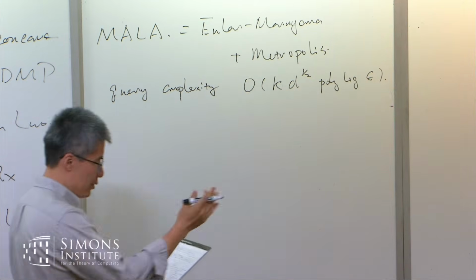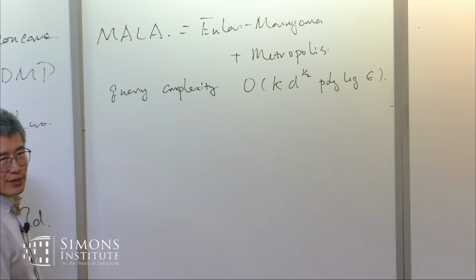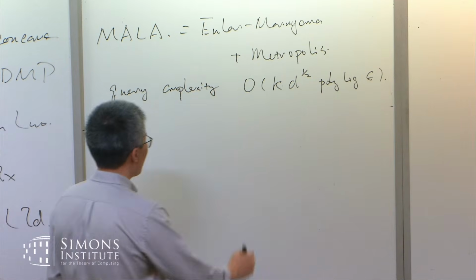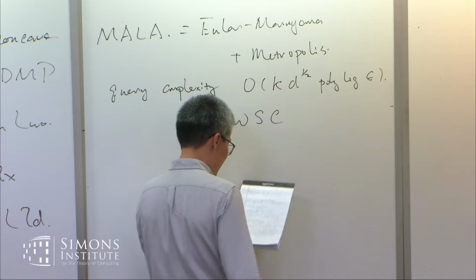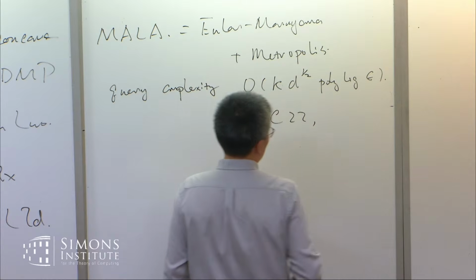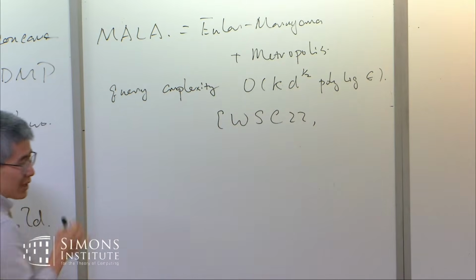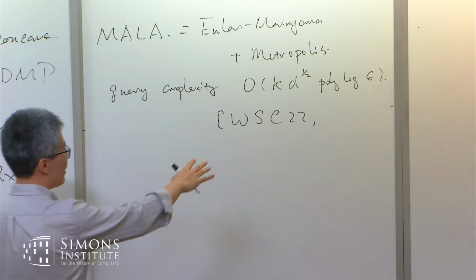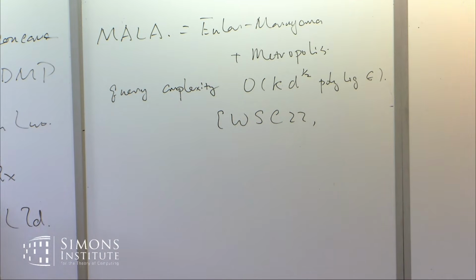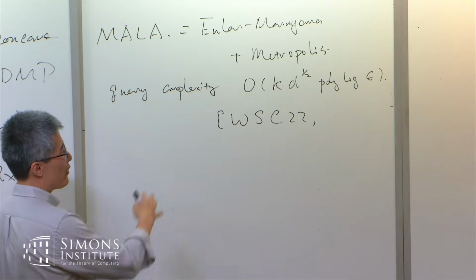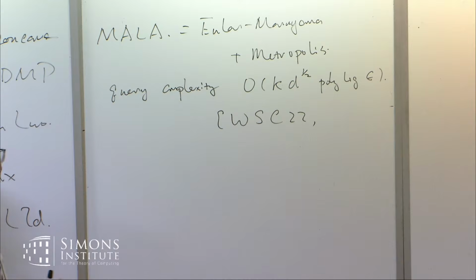As I said, there was a sequence of work, so I will just give the citation for the latest two. One is by Wu, Scott Schmittler, and Yuansi Chen, in 22. What they showed is that if you have a warm start, then that is the complexity of generating a sample with TV error epsilon. A warm start means you start with an initial distribution that is in some sense already close.